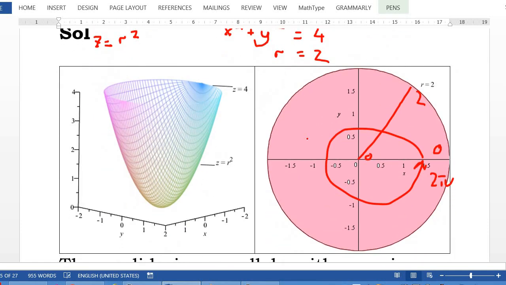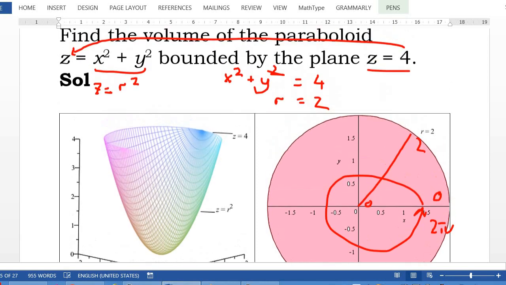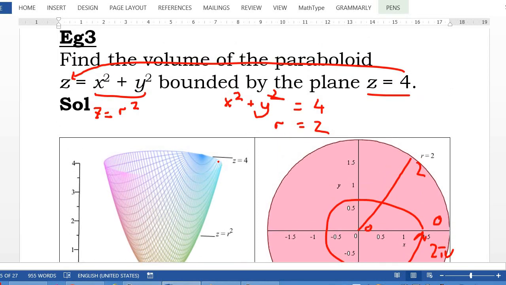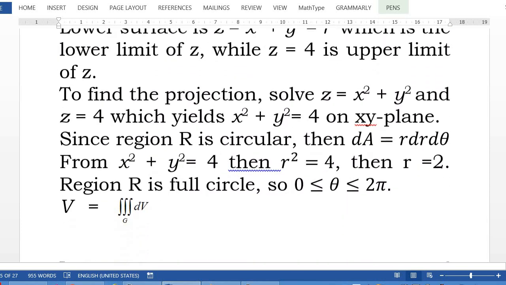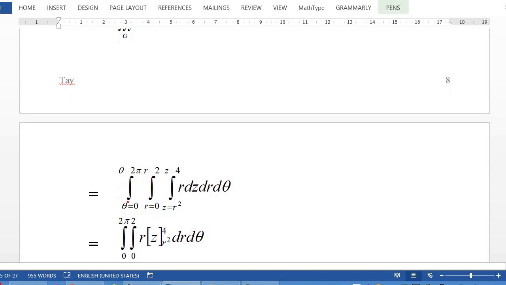For the volume of the paraboloid, the lower limit of z is r squared until z equal to 4, because we bound the paraboloid by the plane z equal to 4. When you plug in z equal to 4, you get a circle of radius r equal to 2. Hence the limit of r is 0 to 2, the limit of theta is 0 to 2 pi, and the limit for z is from the paraboloid until the flat z equal to 4.